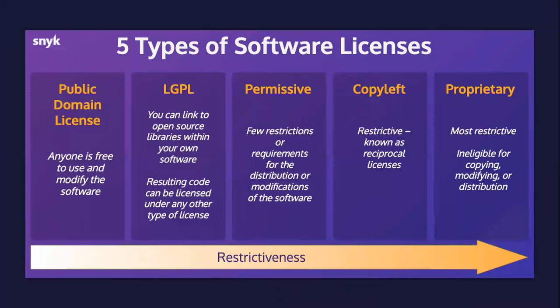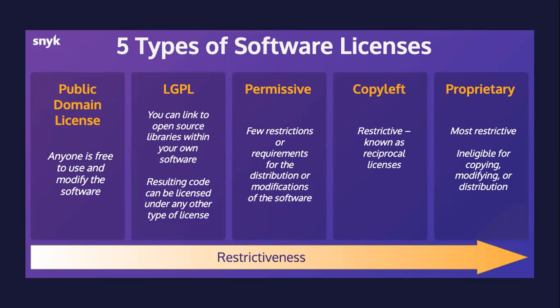There are 5 types of software licenses. Public domain license. In this license, anyone is free to use and modify the software the way they want. LGPL. You can link to the open source libraries within your own software, and the resulting code can be licensed under any other type of license. Permissive.